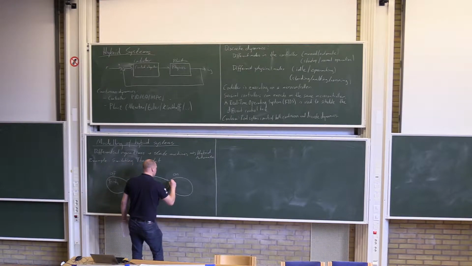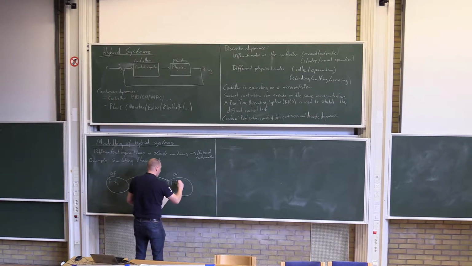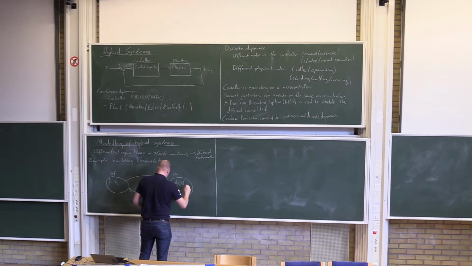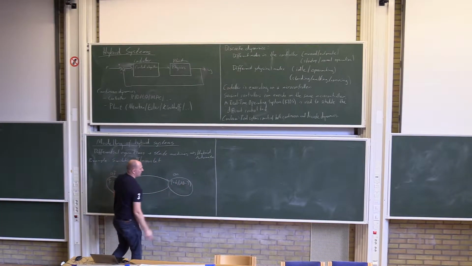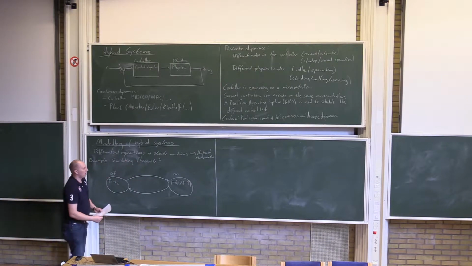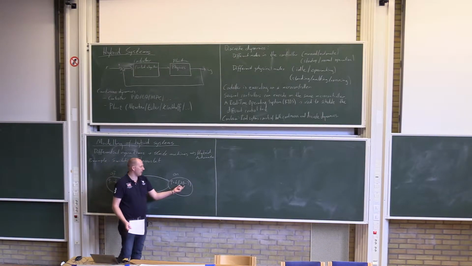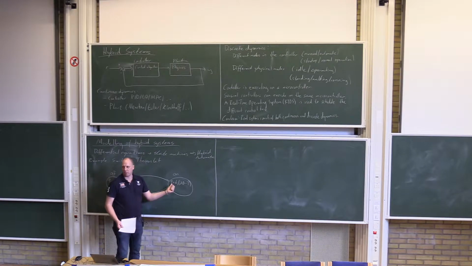And if we are in this mode, we will have another differential equation. This is just some arbitrary example, but K1 times (70 minus T). So the closer we get to 70, the smaller increase of the temperature we will have.